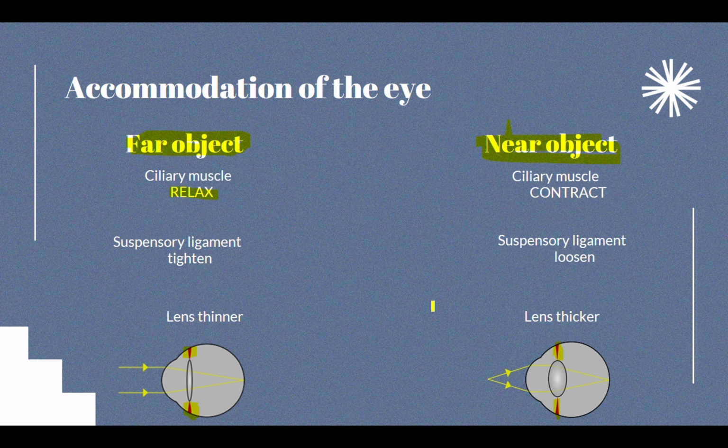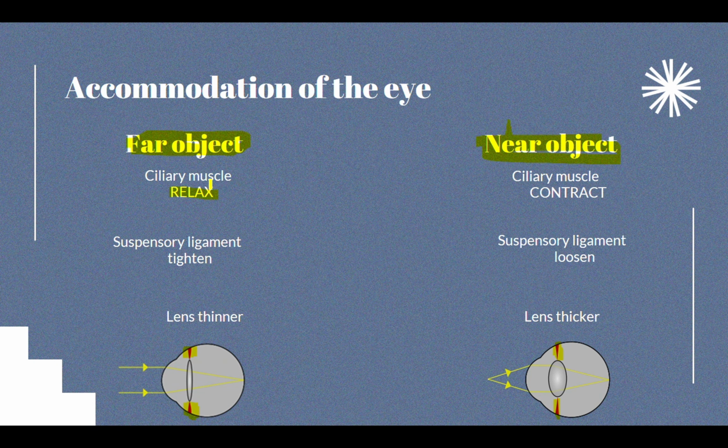So an example for each of our objects, let's say you are on a mountain, you're looking at, let's say, your house from the mountain, you need to look at the thing that is very far, which is your house. So the ciliary muscle would relax, the suspensory ligament will tighten. Why? So the lens will become thinner.